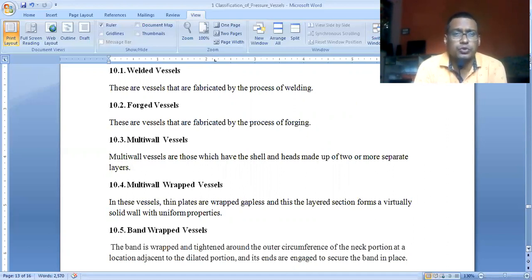They are used for smaller dimensions. Then multi-layer vessels, that is done by wrapping, auto frittage. In case of wrapping, it can be the wire winding, strip winding, or different layers that can be wound.